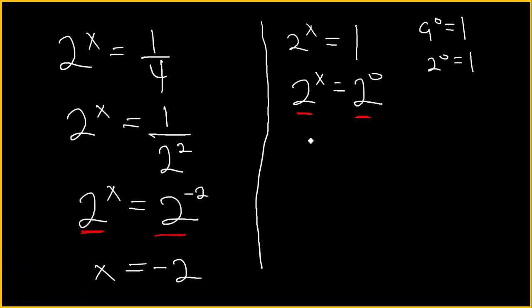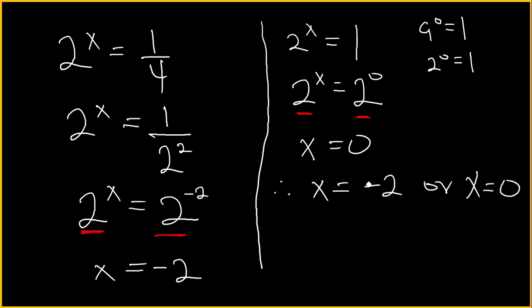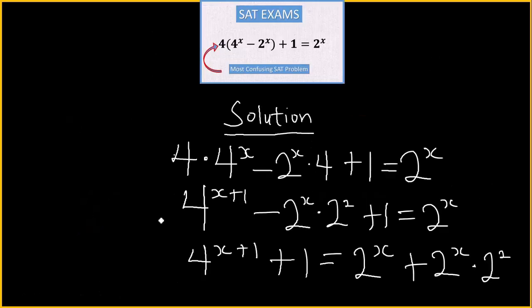Now x is equal to 0. And these are our solution sets, which is therefore x is equal to negative 2 or x is equal to 0. These are the x values of this SAT question.